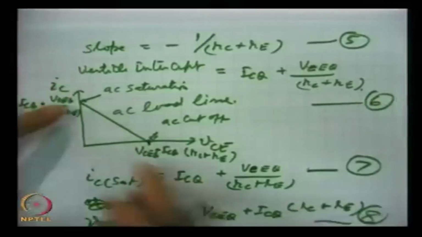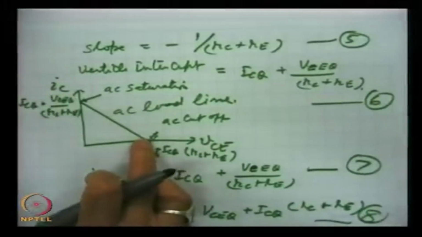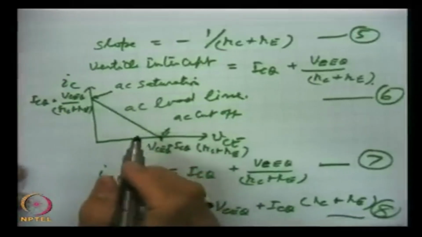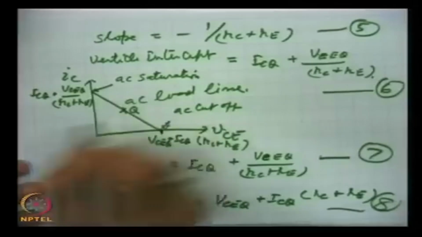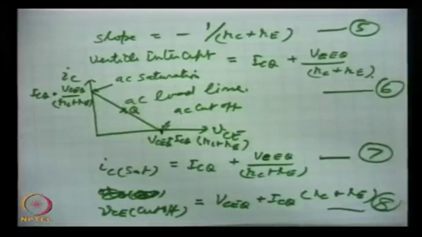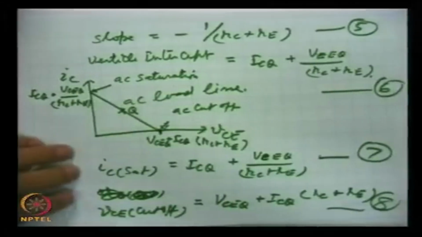So we will be doing that, and then I will show you how to choose the operating point. The swing will be very large, almost the whole portion will be used, and hence it will be wise to choose the operating point somewhere in the middle for class A operation. This is what we do now.